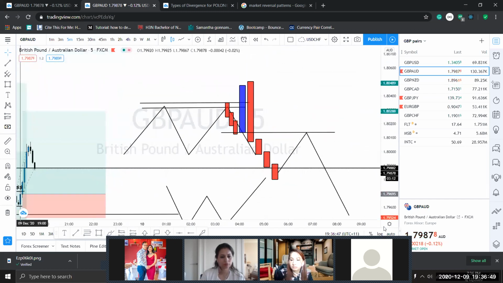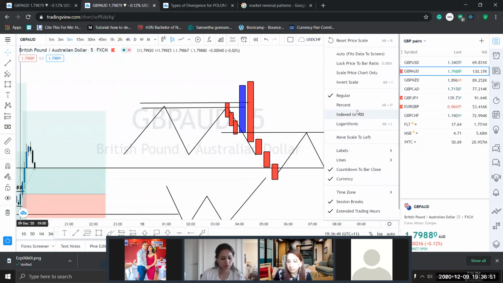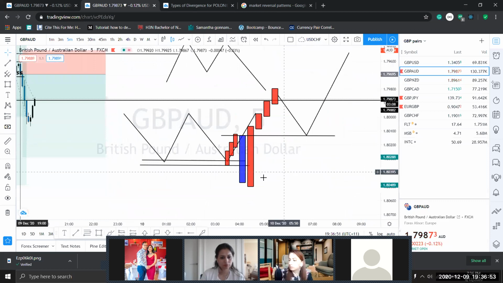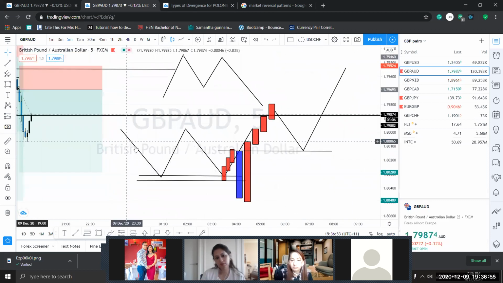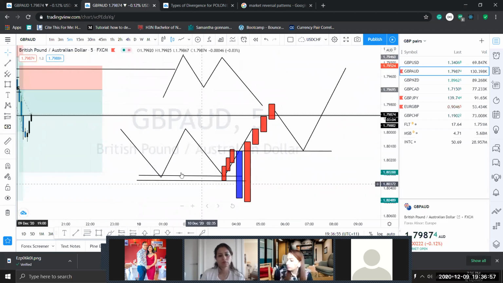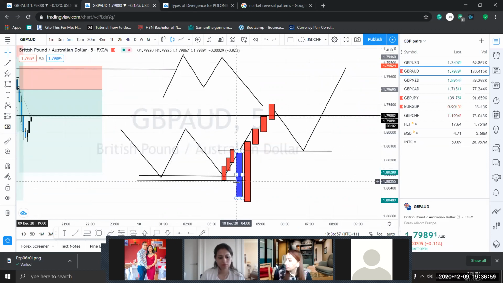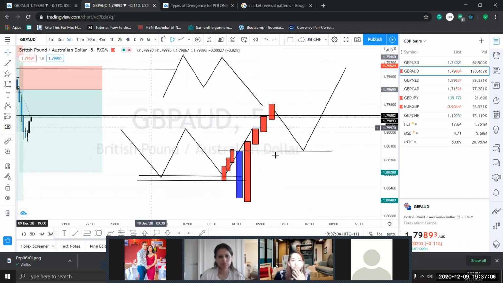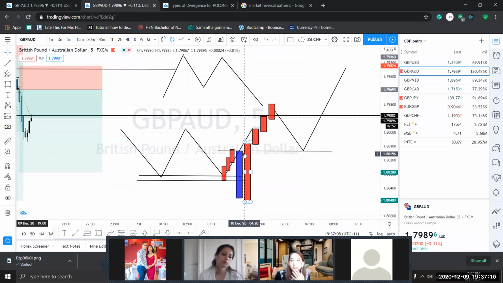Same like this. I'll just invert the scale. Let us consider this is a double bottom. These are the buy candles, please consider these as buys because I just flipped this chart. Same situation happens most of the time.